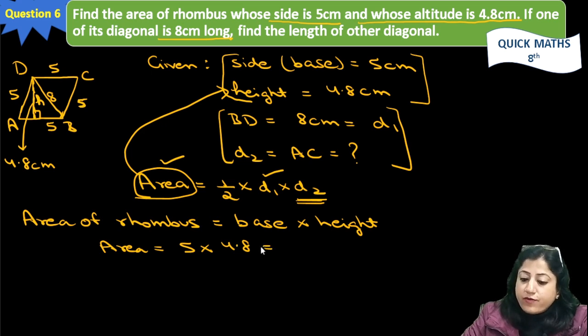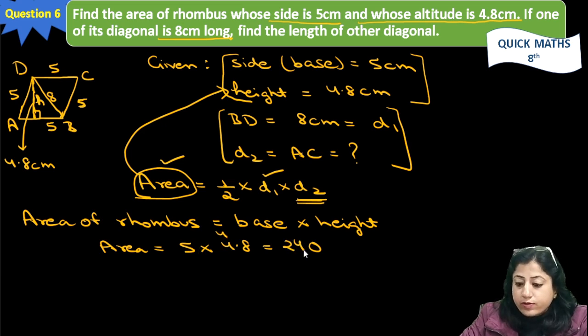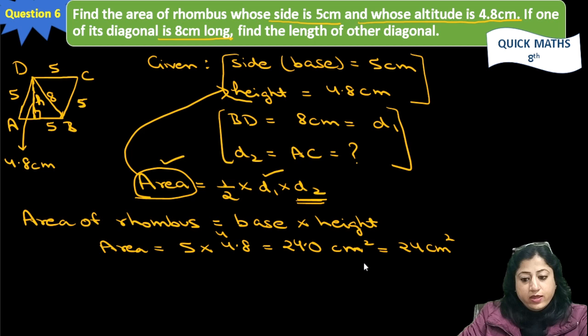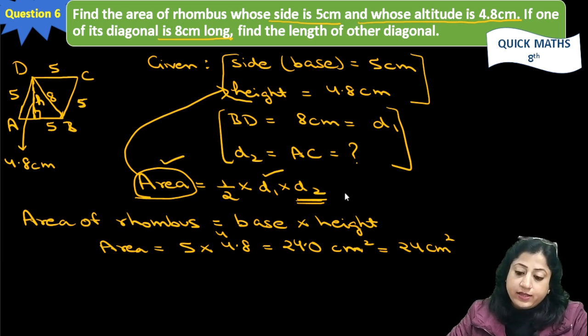So it will be 5 times 8 is 40, 4 carry, 5 times 4 is 20, 24, decimal 0 and centimeter square. So area will be 24 centimeter square. It is the area.